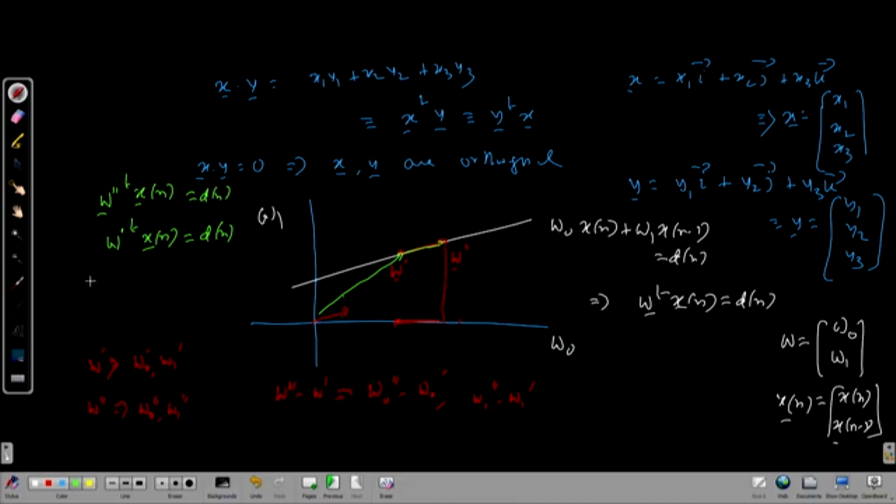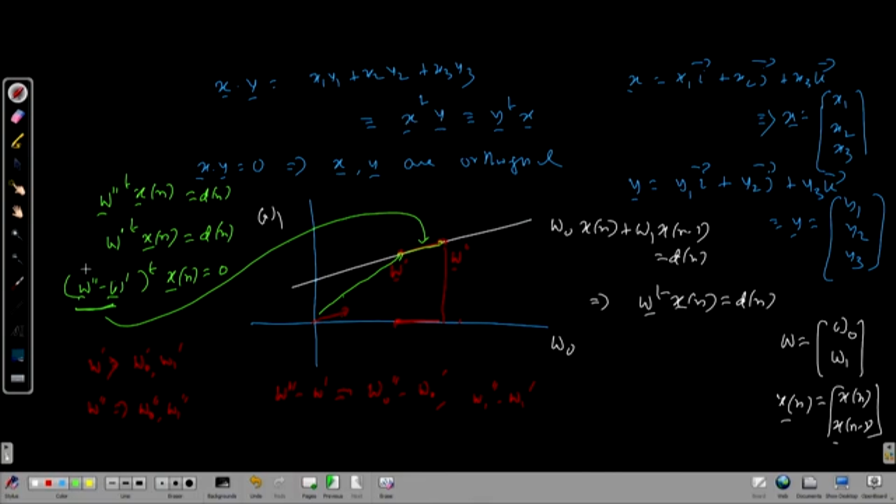So, if I subtract left hand side from left hand side, right hand side from right hand side, I get W double prime minus W prime transpose, you can subtract first and then transpose, x n equal to 0, which means this vector and x n, they are dot product.